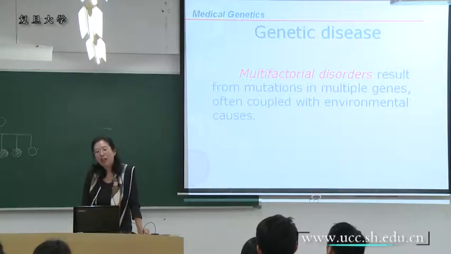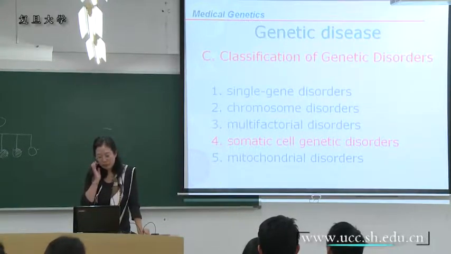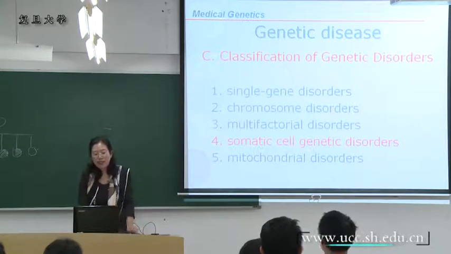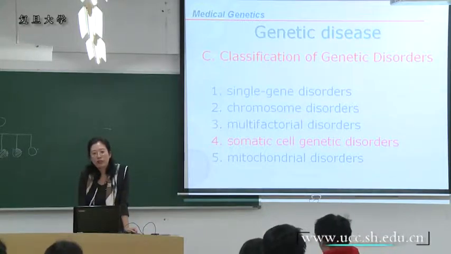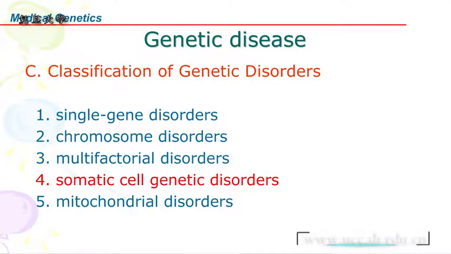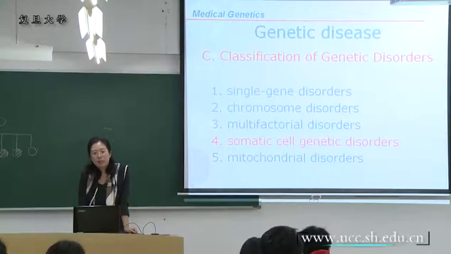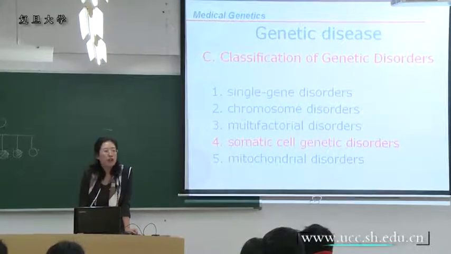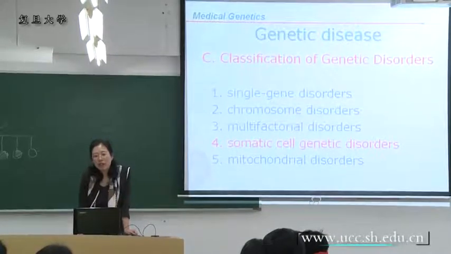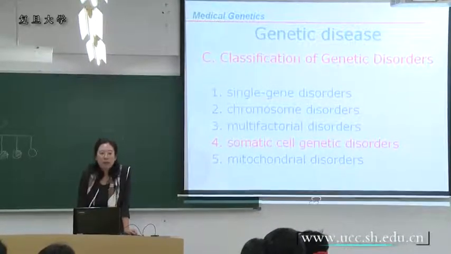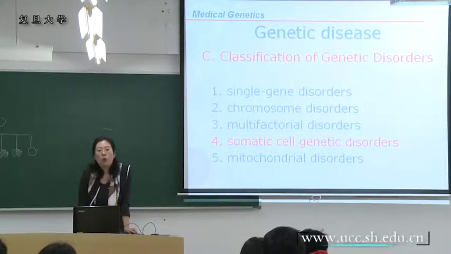This is multifactorial disorder. And the fourth is somatic cell genetic disorder. It is always cancer. What's this? Single gene disorder, polygene disorder and chromosome disorder come from your father and mother. So the baby is born with the mutant gene or aberrant chromosome in each cell.